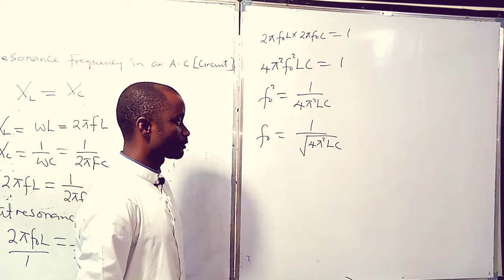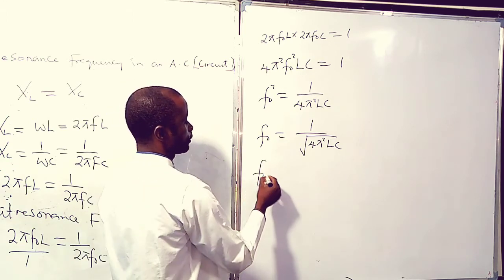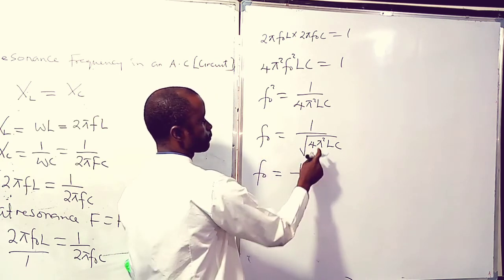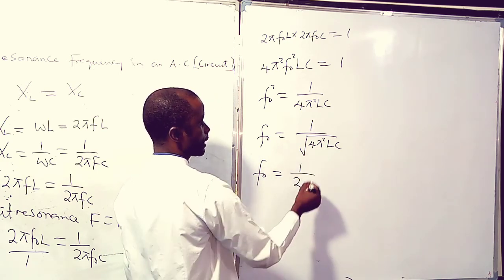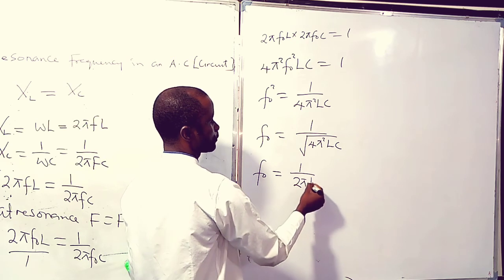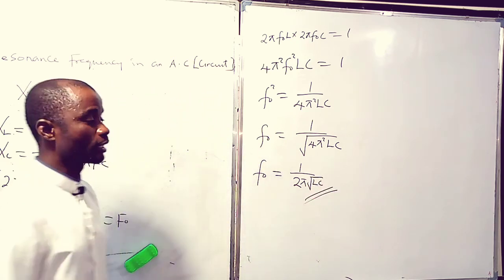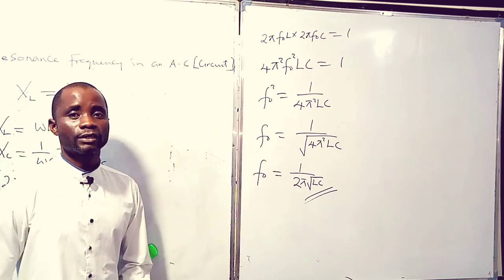Pi square is also a perfect square. And then we have f naught is equal to 1 over, square root of 4 is 2, square root of pi square is pi, root LC. And that's the equation used to calculate resonant frequency.